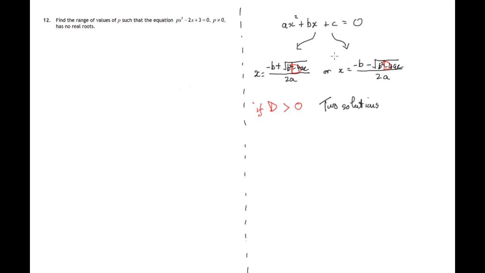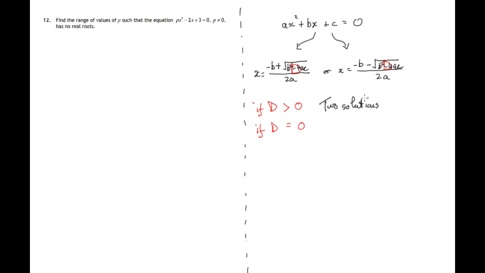On the other hand, if the number under the square root sign, the discriminant, is equal to 0, then look what happens. Your first solution is negative b plus 0, the square root of 0 is 0, over 2a. Your second solution is minus b minus 0 over 2a.